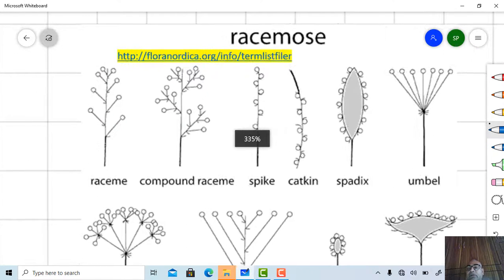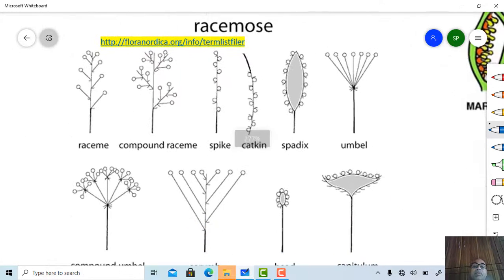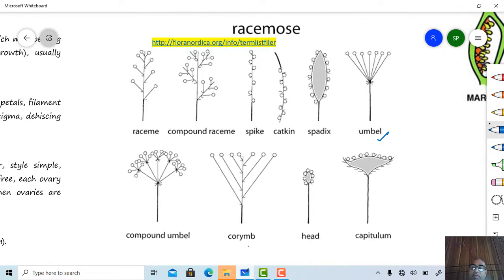These are the figures showing the racemose type of inflorescence. Here either umbel as well as corymb type of inflorescence is present. What is umbel type of inflorescence? Here the peduncle is very much suppressed, and from the suppressed top of the peduncle, pedicellate flowers are produced.